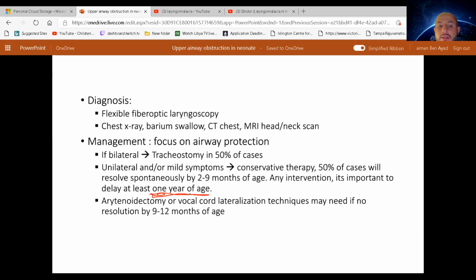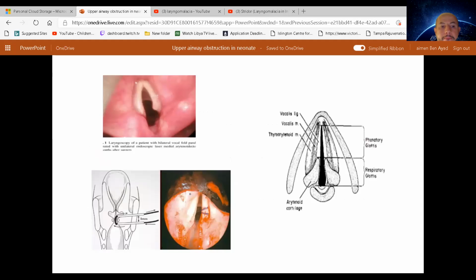In some cases that doesn't work, and then you need to do an arytenoidectomy or vocal cord lateralization, which is done around 9 to 12 months of age. What does it mean? It's the arytenoid cartilage, either partial or bilateral removal, to open the airway, or lateralization and suturing.